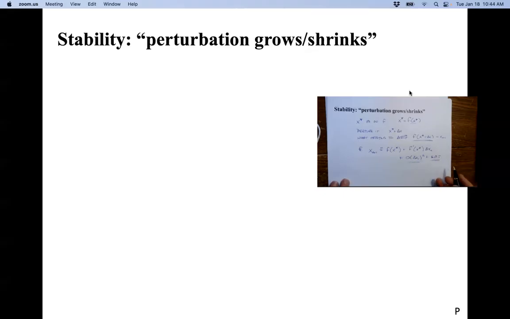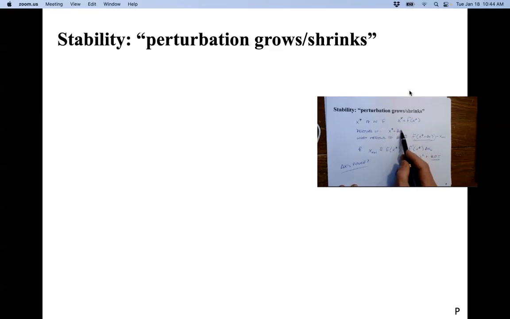Okay, so that's what happens to X star plus delta X. If I just want to know what happens to delta X, what is delta X's future? I have to subtract off f of x star, because I know where this goes next.